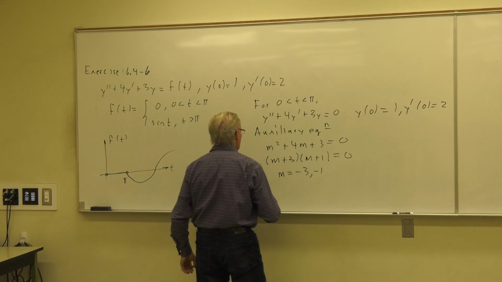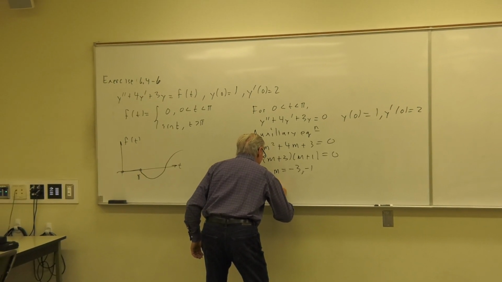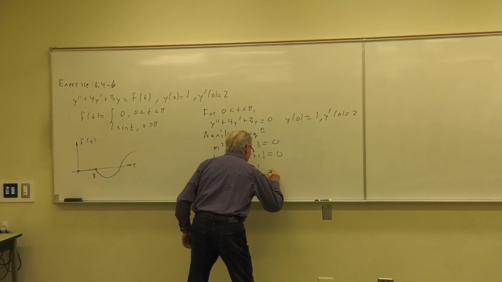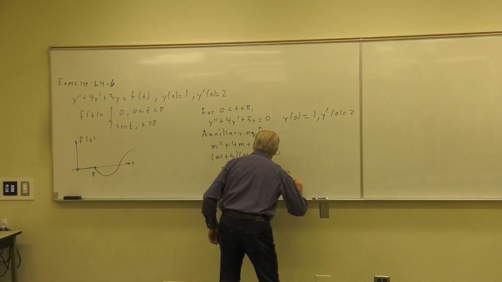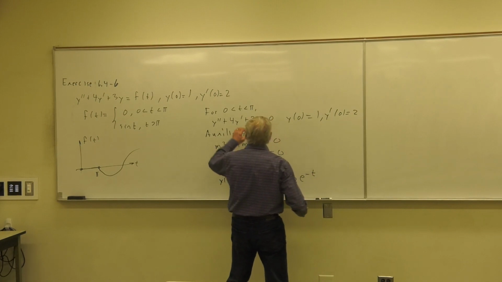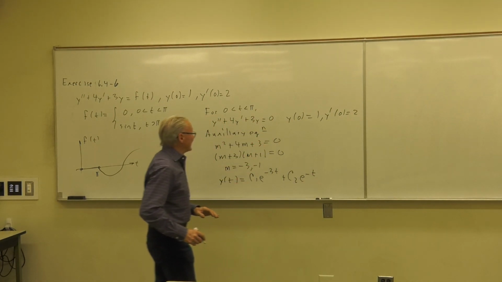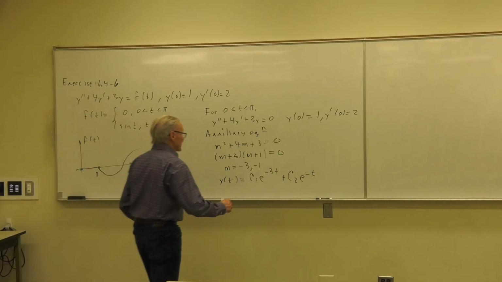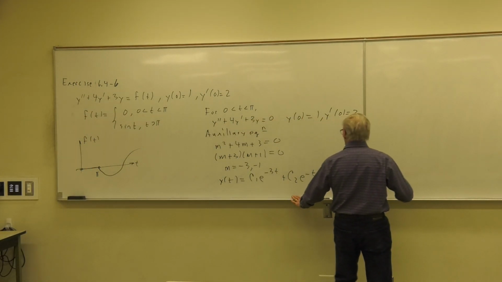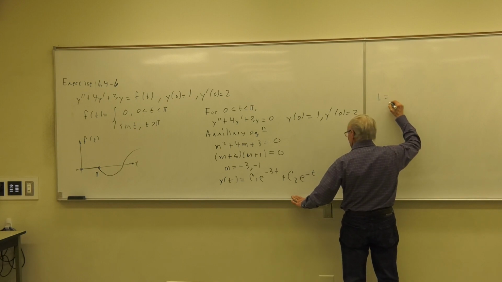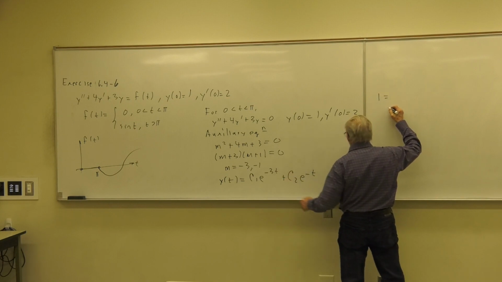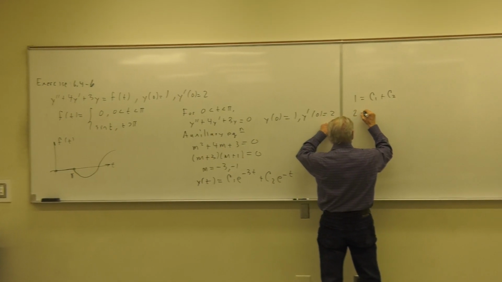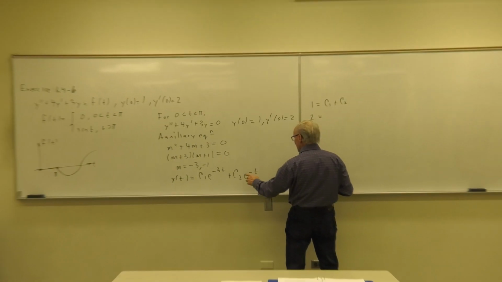And therefore, y of t is equal to c1 e to the minus 3t plus c2 e to the minus t, and we don't need a y sub p because it is homogeneous. We'll use our initial conditions to find the c1 and the c2. 1 is equal to, when I put in 0, c1 plus c2. 2 I'm supposed to get when I differentiate and put in 0.